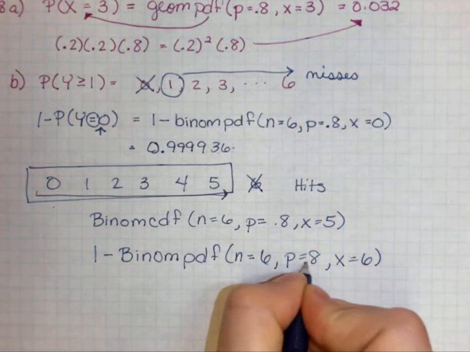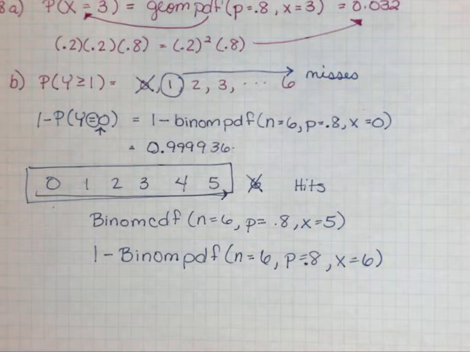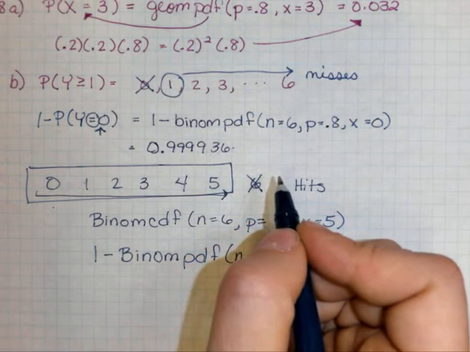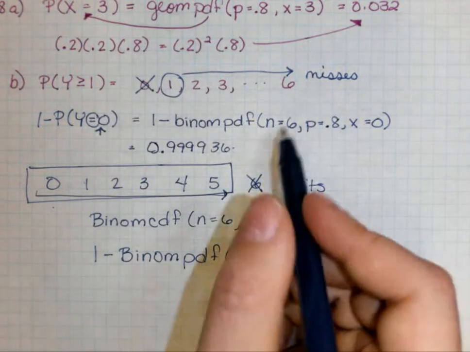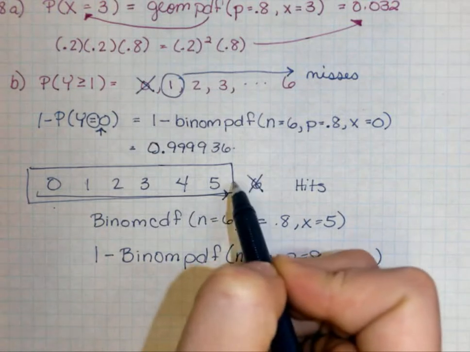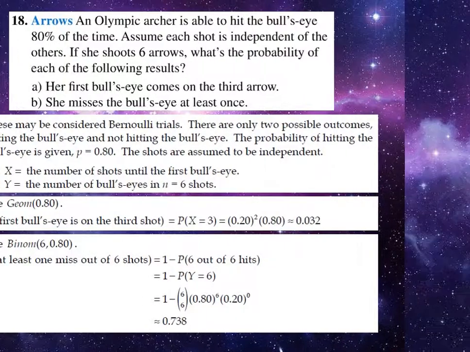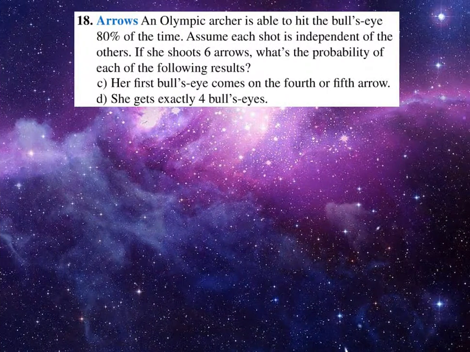You did binomial CDF. How'd you get x equals 5? Because again, what the question was talking about is that you miss at least once, so it's not possible for you to have 6 hits. Okay? I know, that's going to be my hardest. It's your hardest part.